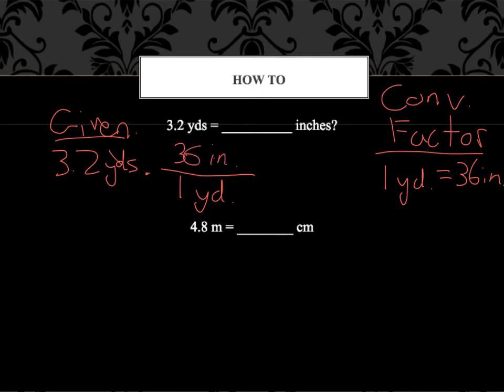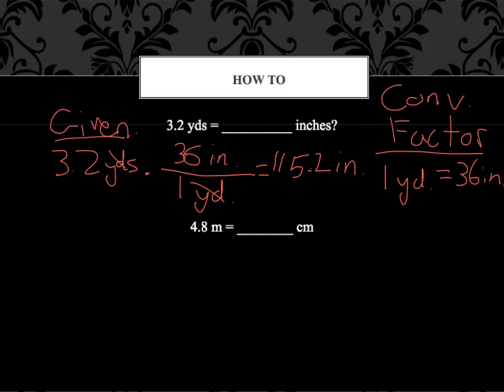What this does is it cancels out yards and gives me inches like I want, right? So I just multiply that out, and I get 115.2 inches. Okay, and there's our conversion.